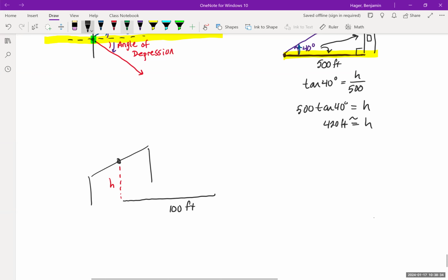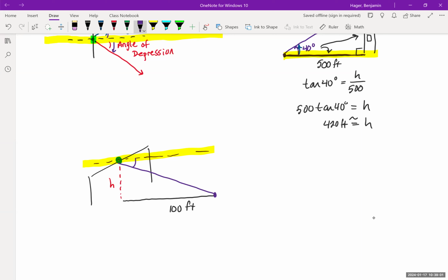And from where you're standing up here, you measure an angle of depression down to where your buddy is standing. So you would look straight out, right? Parallel to the ground where your buddy walked, and you would depress down some angle from there.